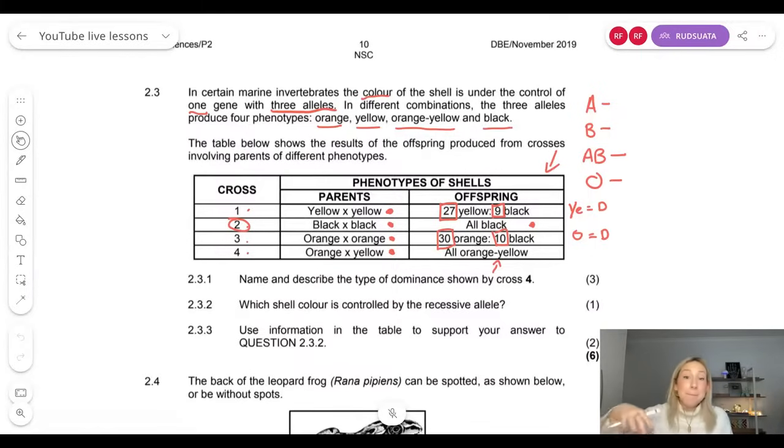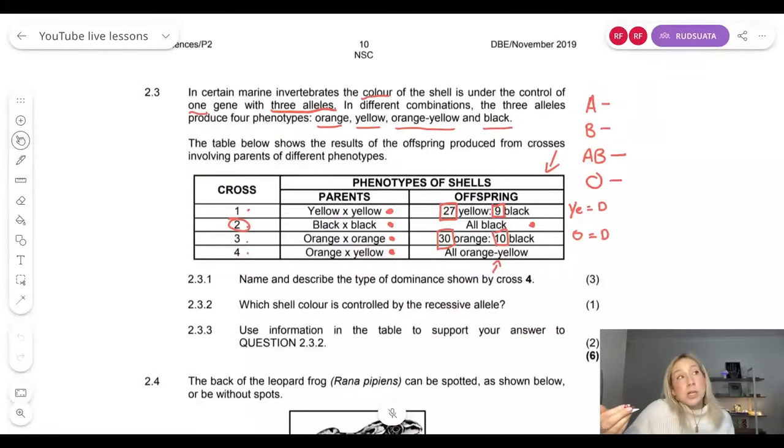It means it's like a mixture. But in this exam, it says orange-yellow, which means that the examiner meant it as it's orange and yellow, not orangey yellow. And a lot of first language speakers thought that that dash meant it was a mixture when it wasn't. It wasn't a mixture.